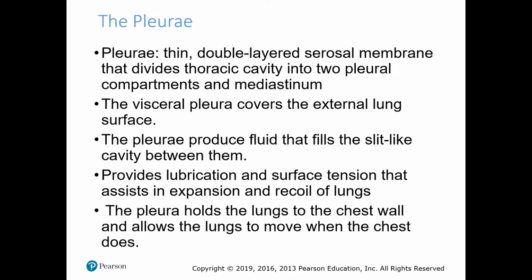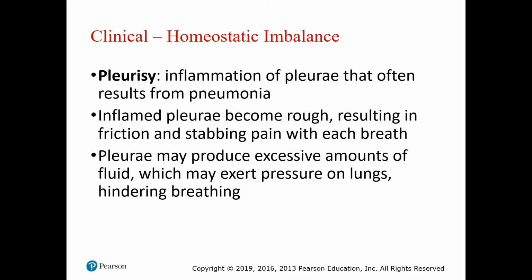We keep the lungs covered with this serous fluid so there's no friction. We don't like friction at all. They don't rub against the chest wall, they rub up against the mucus layer, the serous fluid. If the pleural membranes become inflamed, it's a condition known as pleurisy.